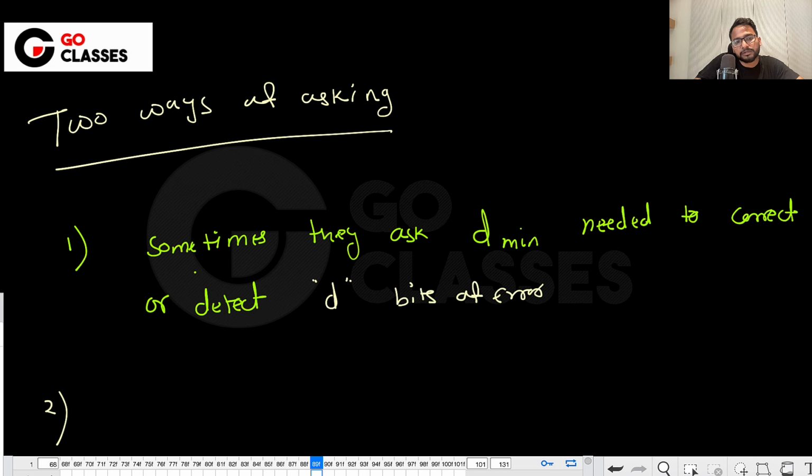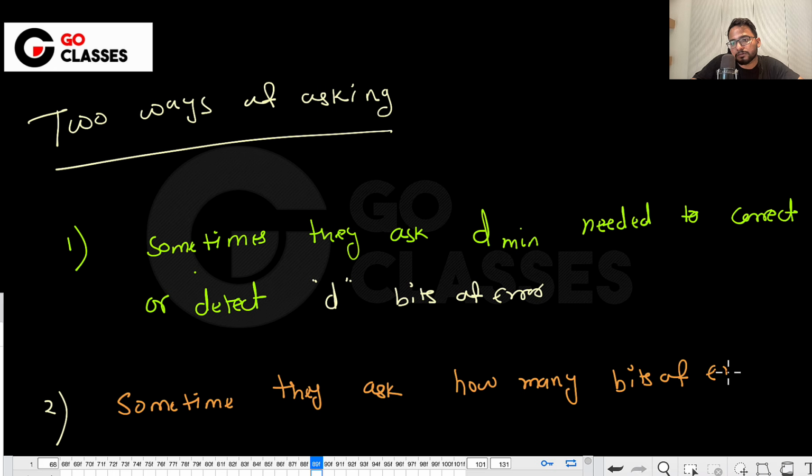Or sometimes they ask how many bits of error you can detect or correct given the minimum Hamming distance, D minimum.